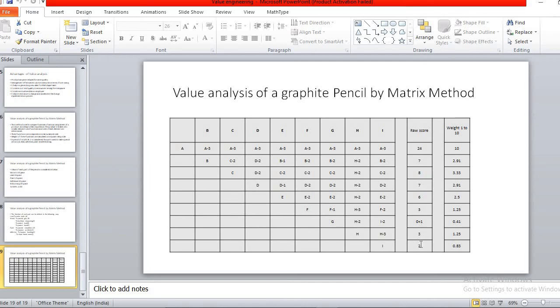The lowest element score here is 2. So 1 half of this 2 is 1. 0 plus 1, so the total score for G will become 1.